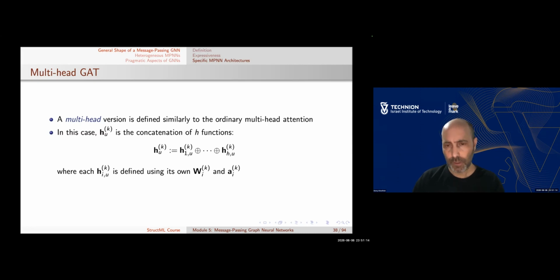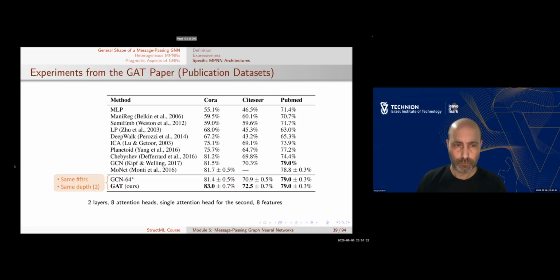Each layer is using its own distinct, disjoint set of parameters. They run experiments on publication datasets using 2 layers and 8 attention heads.